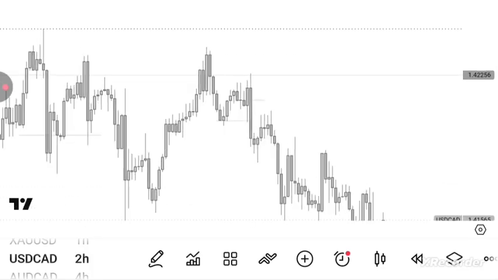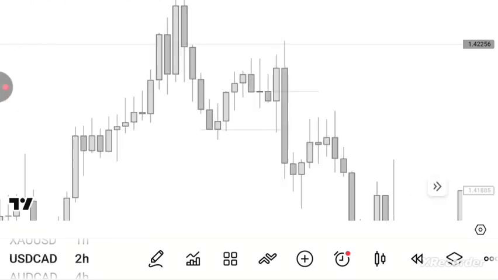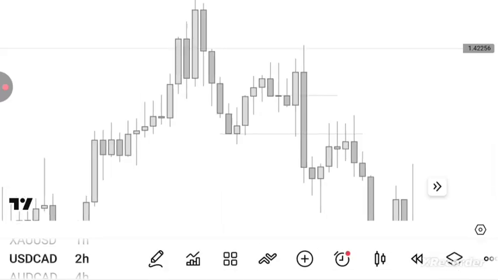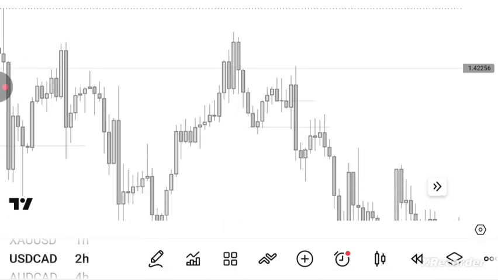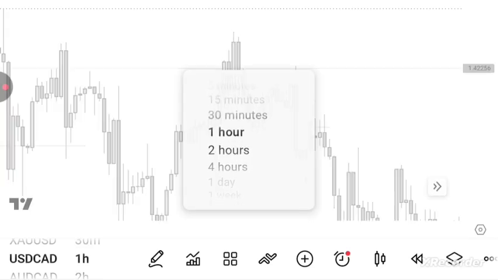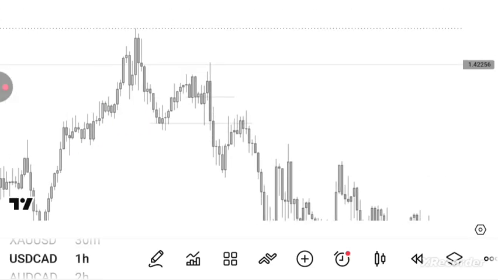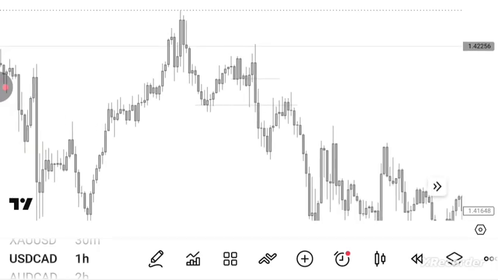You could see that this particular key level on the 4 hours time frame is overlapping also on the 2 hours time frame, right? So there's an overlapping key level between the H4 time frame and the H2 time frame. If you drop to your 1 hour too, you see that that particular level is also a key level on the 1 hour time frame.